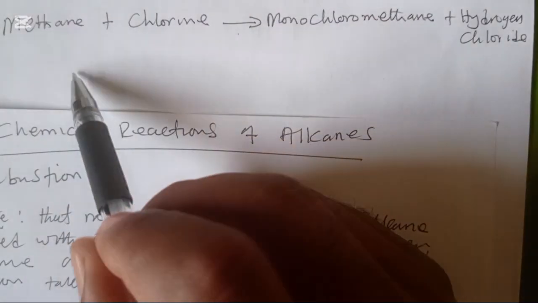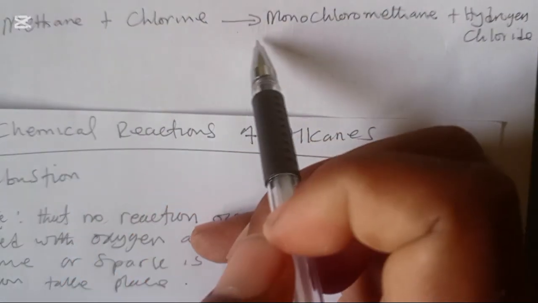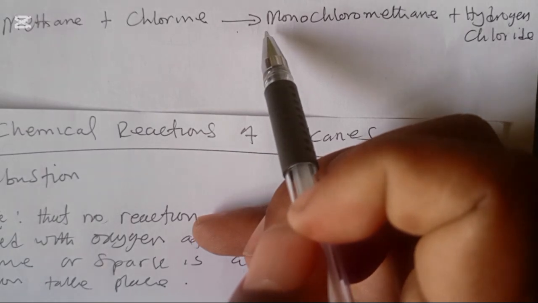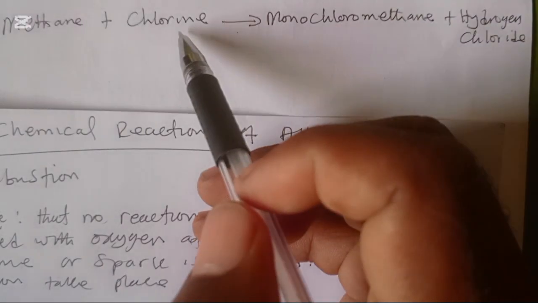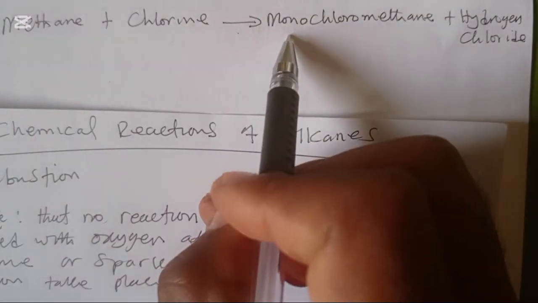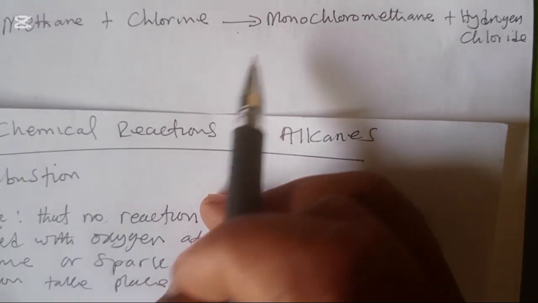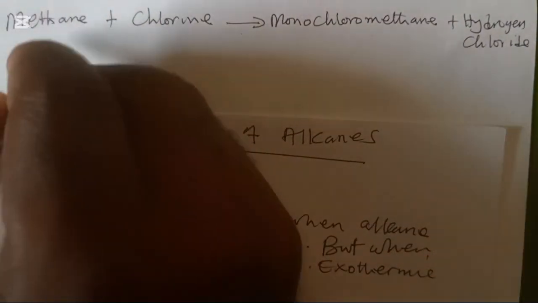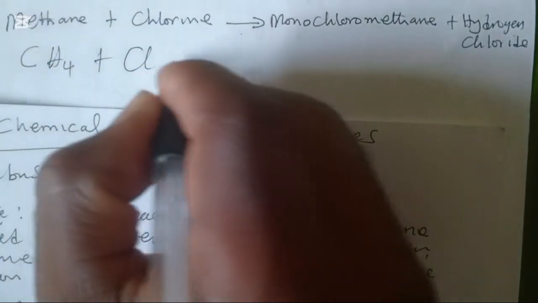So when methane reacts with chlorine, what we have is, when one hydrogen atom is substituted and replaced with one chlorine atom, what we have is monochloromethane plus hydrogen chloride. So we have methane plus chlorine.